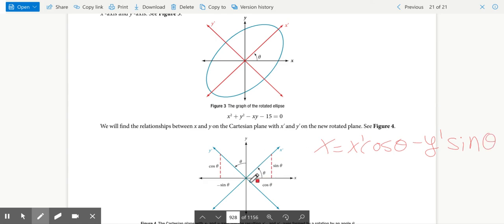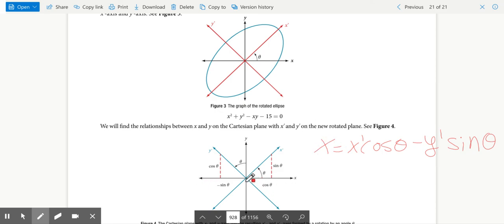Okay? So I'm taking into account both of the x direction movement, because even though this is now our new y-axis, it's not actually facing the direction of the y-axis, so it has an x component as well. I have to take that into account when I'm figuring out what my x movement has been.